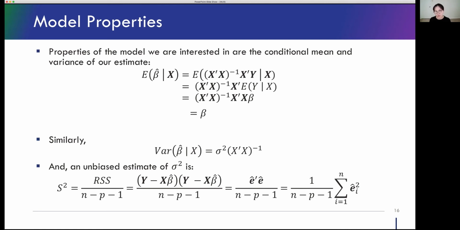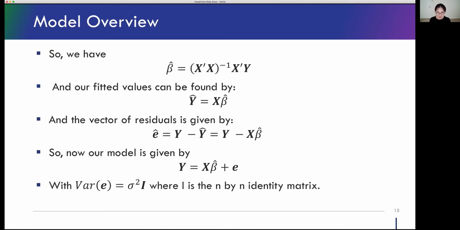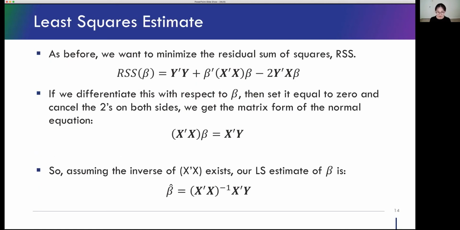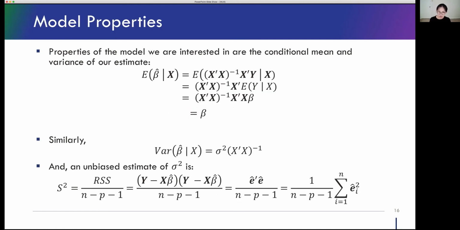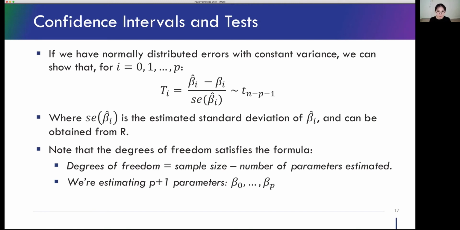We need all of this background theory because we need to do a test on the coefficients, to see if all the betas are 0 or not, and we want to get the confidence intervals for those betas.